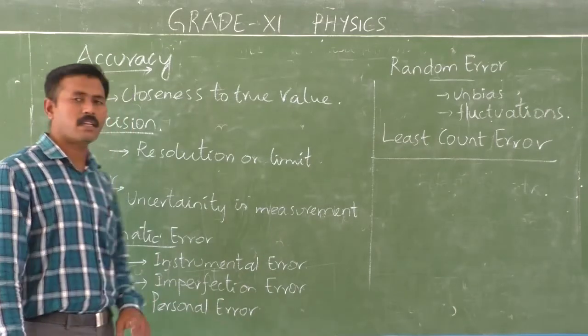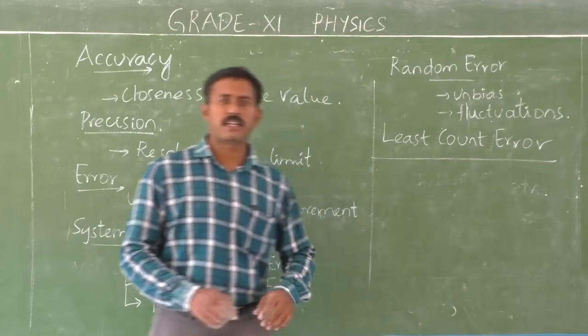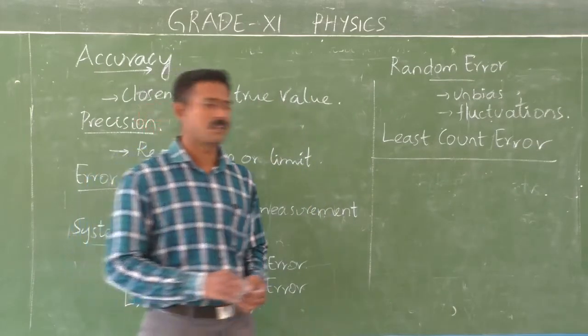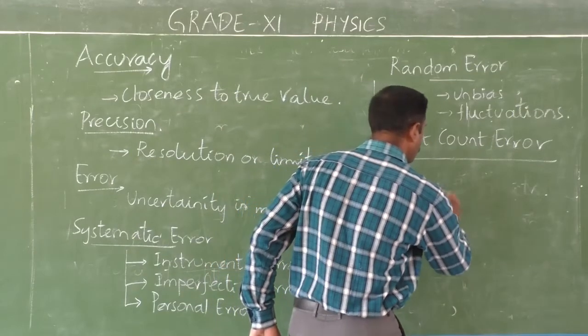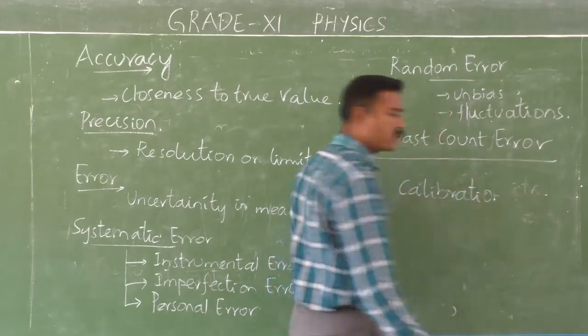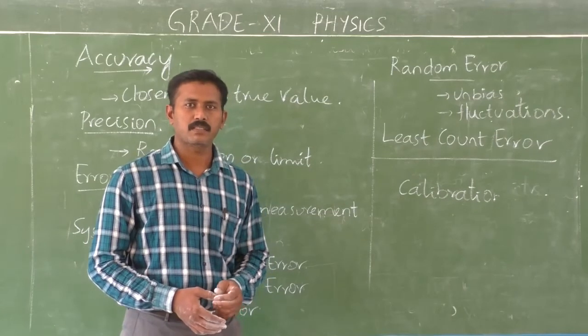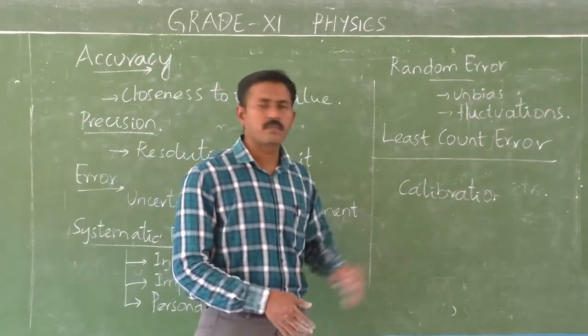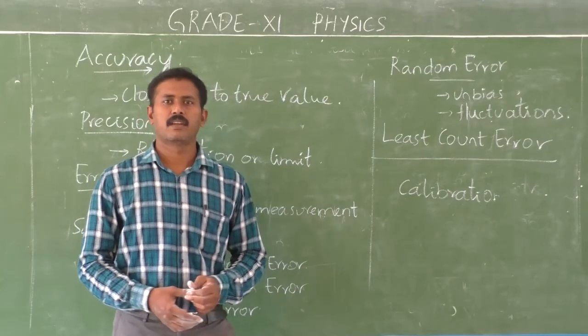What is an instrumental error? Instrumental error is error due to calibration. If the instrument is not calibrated properly, calibration meaning the designing of the instrument, there always occurs an error.